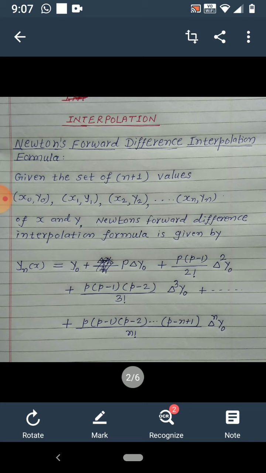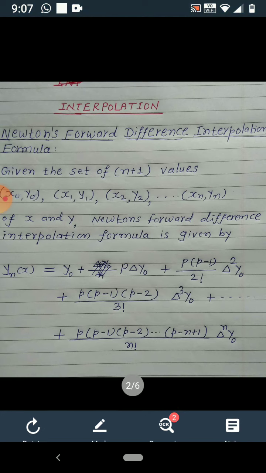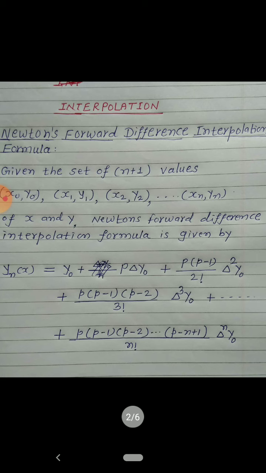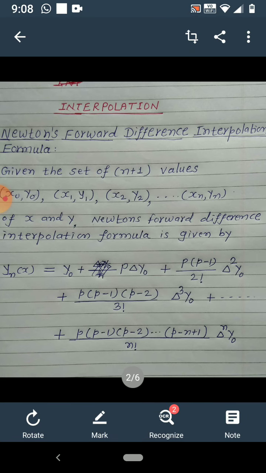It is called Newton's forward difference interpolation formula, and the formula is yn(x) equal to y0 plus p delta y0 plus p(p minus 1)/2 factorial delta 2 y0 plus p(p minus 1)(p minus 2)/3 factorial into delta 3 y0, and so on, continuing like this.